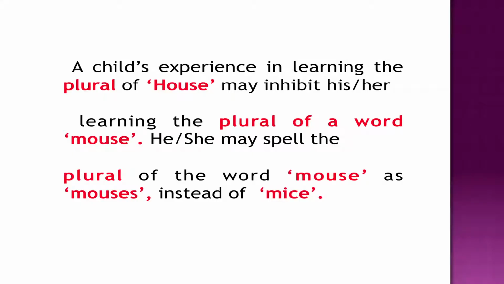For example, a child's experience in learning the plural of house may inhibit his or her learning the plural of the word mouse. He or she may spell the plural of the word mouse as mouses instead of mice.